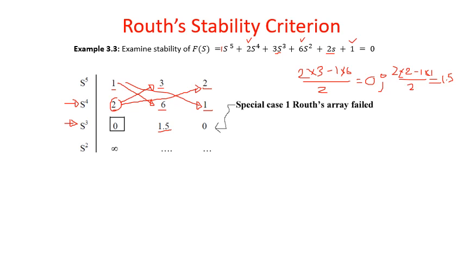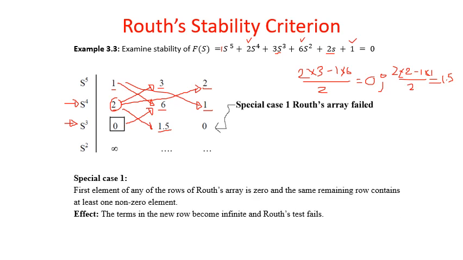Now when you multiply for the next s^2 row, what you have to do is 0 multiplied by 6, that will be 0, minus 2 into 1.5, that will be 3, whole divided by 0. So when we do that, it will be infinity. So this all will be infinity. So what we got, we can't proceed now. So hence this one we call a special case.